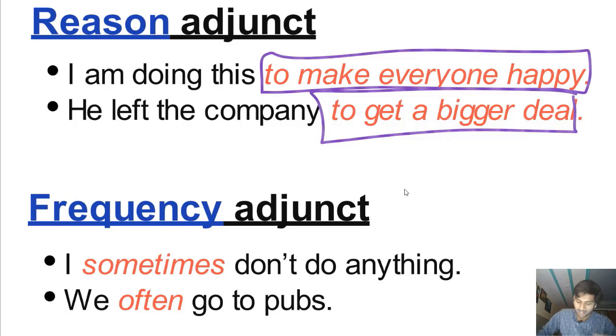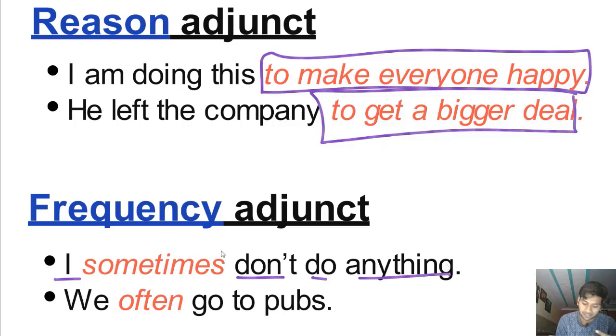Frequency adjunct. These are adverbs of frequency that talk about at what frequency an action happens. We already have a lesson on all these adverbs. You can separately watch them as well. I'll add the links in the description. I sometimes don't do anything.